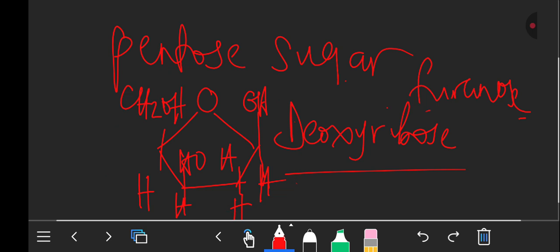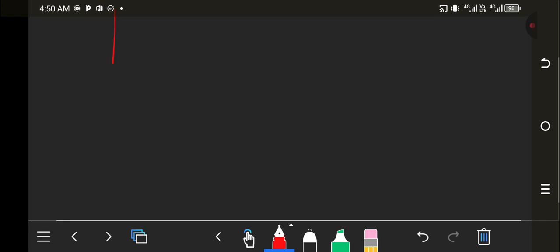Then there will be some condensation reactions which are going to occur at that carbon point, and also other condensation reactions which are going to occur at that point. Now let's see what is going to be formed, the structure now of a nucleotide.